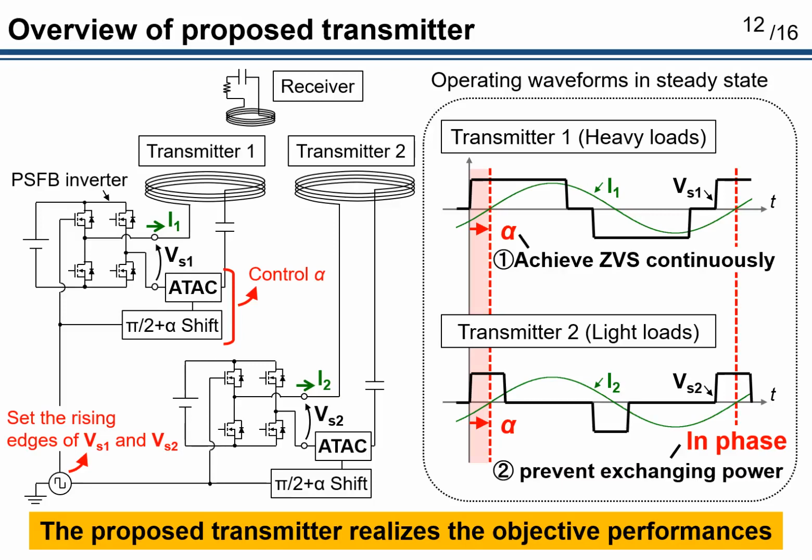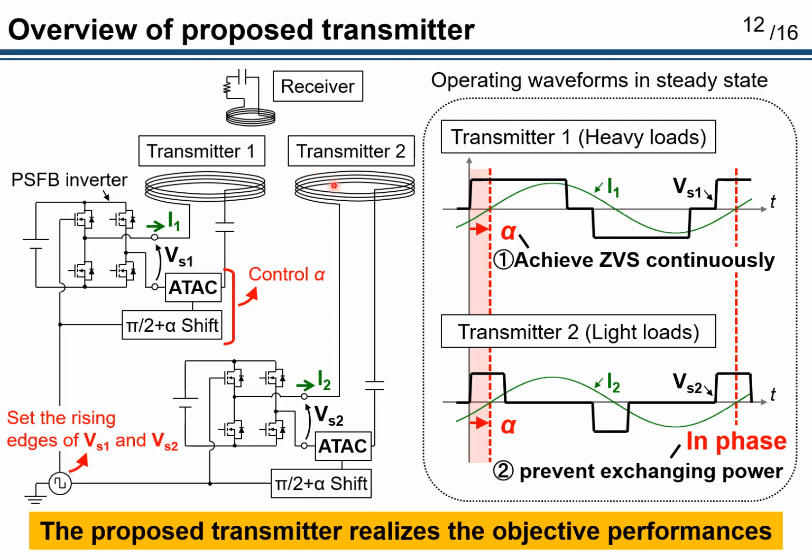Summarizing the above, I showed an overview of the proposed transmitter. As an example, assume that transmitter 1 is a heavy load, transmitter 2 is a light load, and there is magnetic coupling between transmitters.